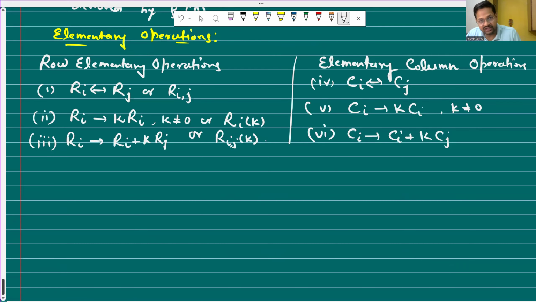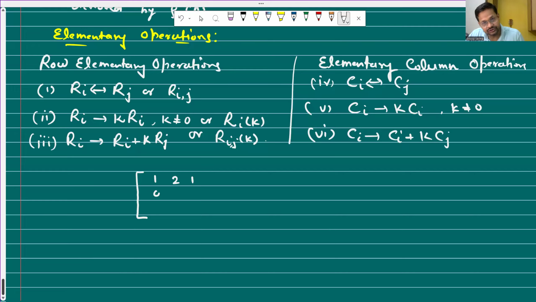Suppose that we have a matrix like this: 1 2 1, 0 minus 1 3, and 4 6 minus 2. This is a matrix, say matrix A. Whenever we apply a row operation on it, suppose the first operation is that R2 is interchanged with R3.